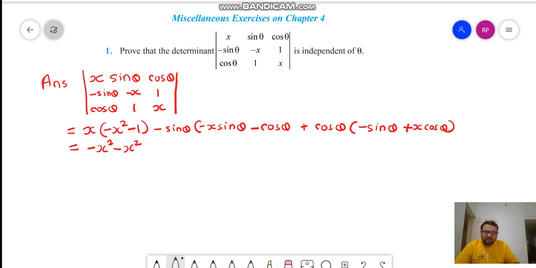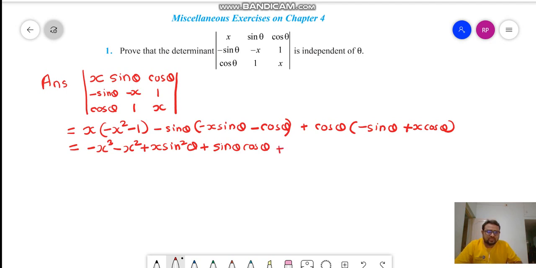So solving it, I will get x into minus x square minus 1, minus sine theta into minus x sine theta plus x sine square theta. Okay, there was a bracket here. Minus sine theta into minus cos theta will be plus sine theta cos theta.